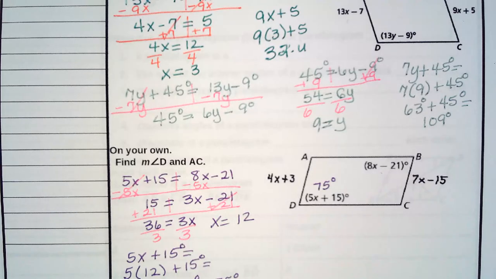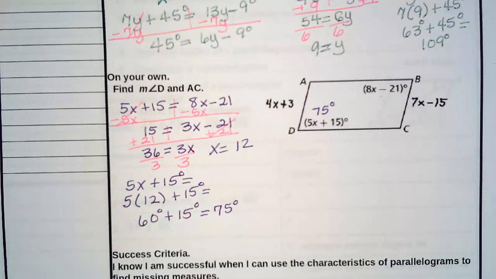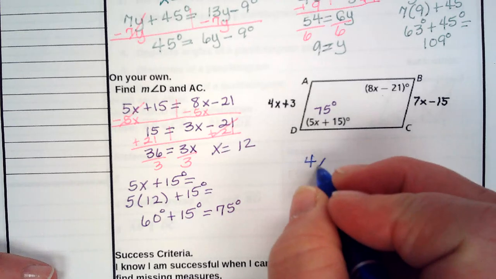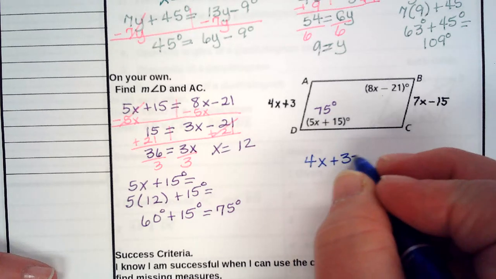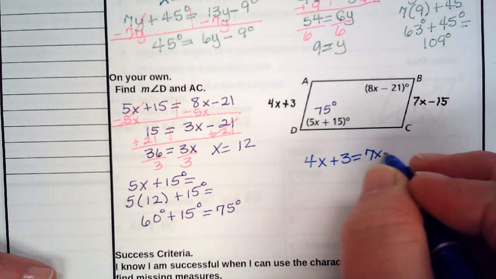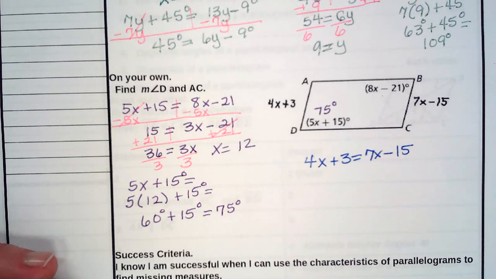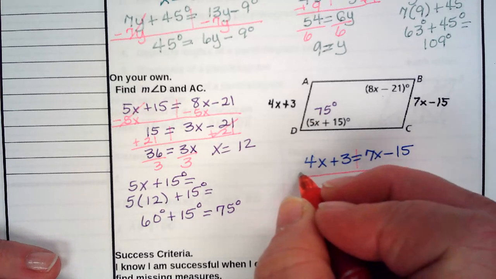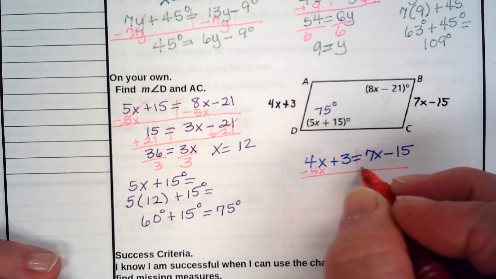Okay, using that same idea, we know that opposite sides are congruent. So we know that 4x plus 3 has got to be equal to 7x minus 15. 4x is smaller than 7x, so I'll subtract 4x from both sides.